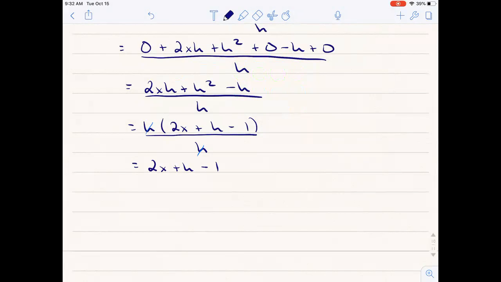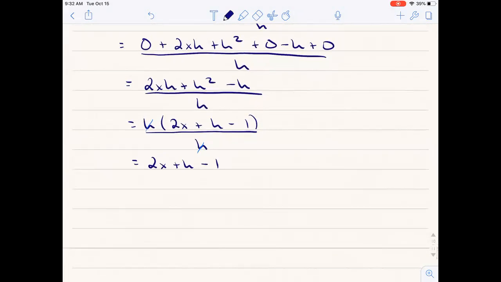So that's the general difference quotient for any f of x minus f of x over h. We can check, because in part A we had x equals 3, and we found that it should be 5 plus h.